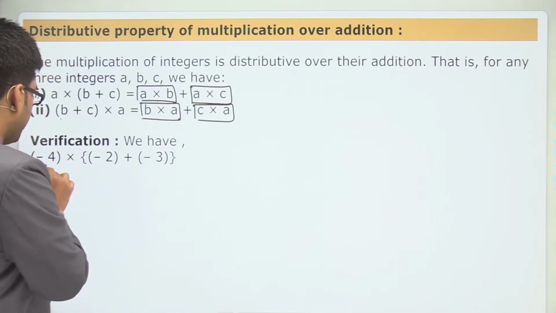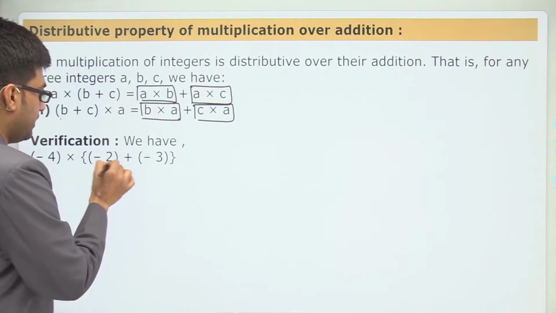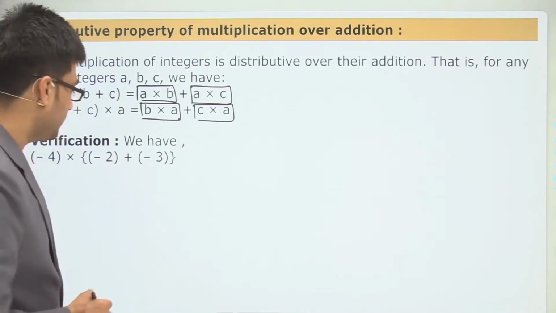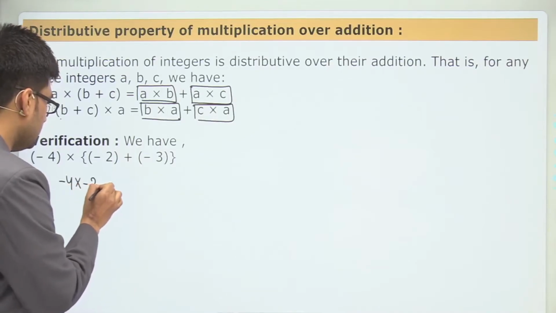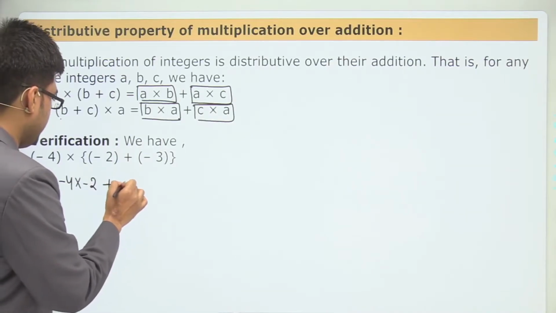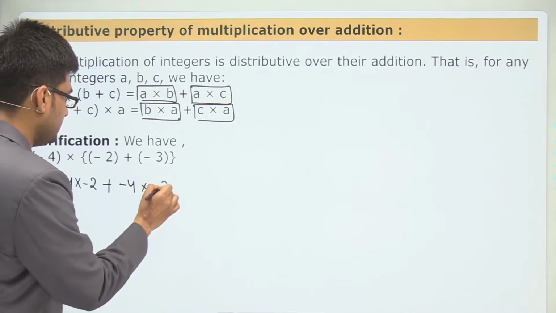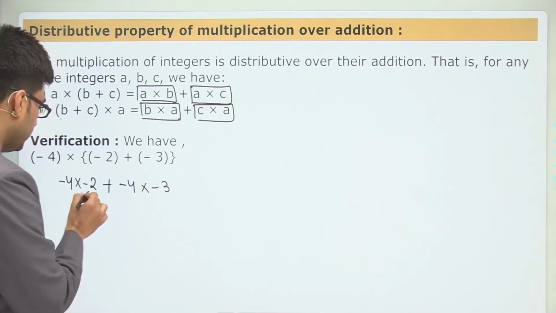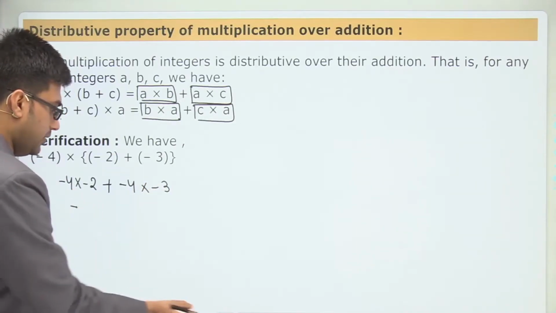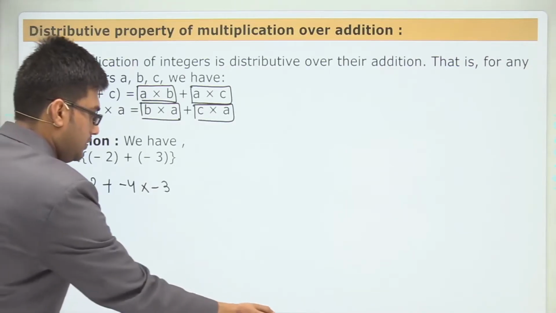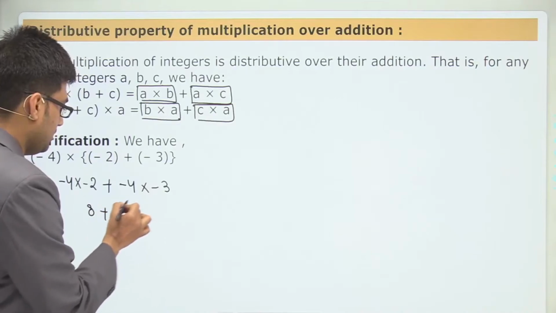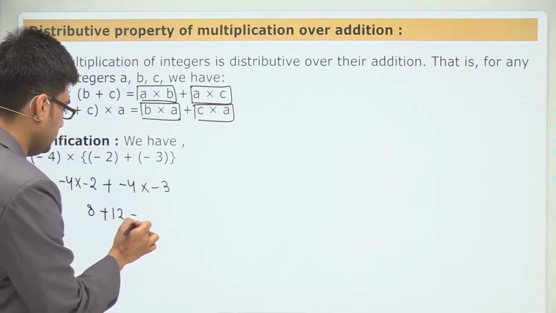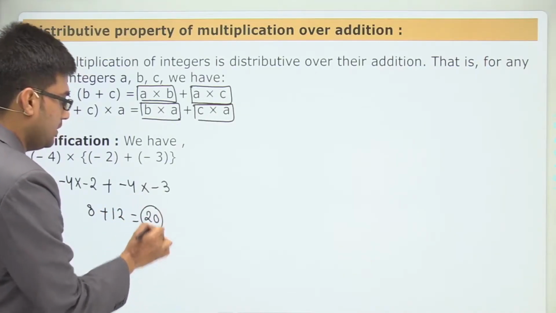For verification, let's discuss one example. Here we have minus 4 multiplied by (minus 2 plus minus 3). We can write it as minus 4 multiplied by minus 2 plus minus 4 multiplied by minus 3, which is equal to 8 plus 12, that is 20.